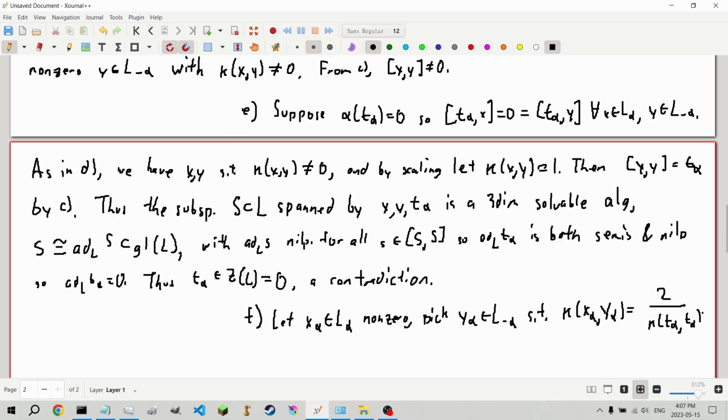This comes from E and from the killing form of X alpha with L negative alpha being non-zero.